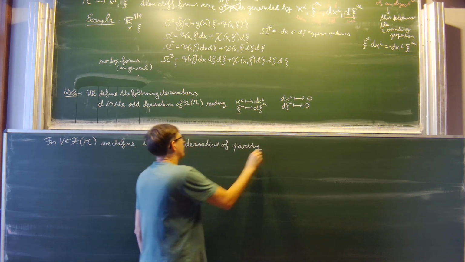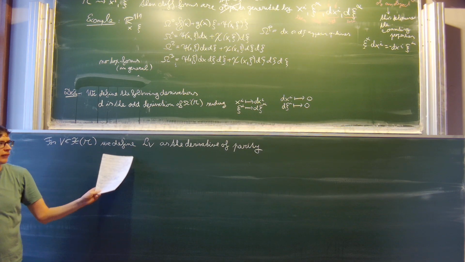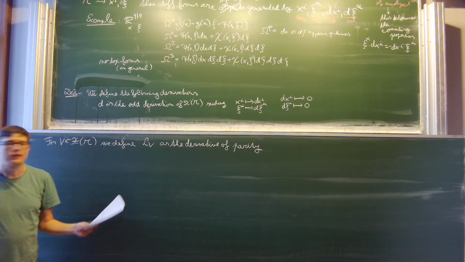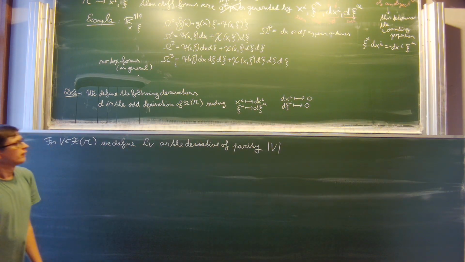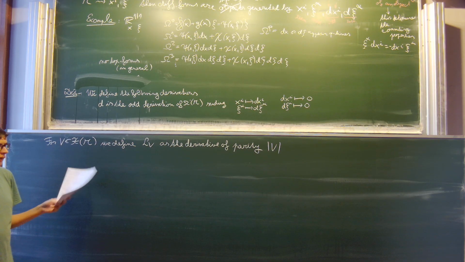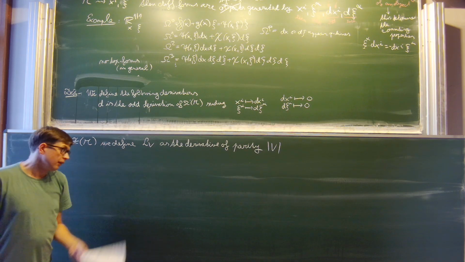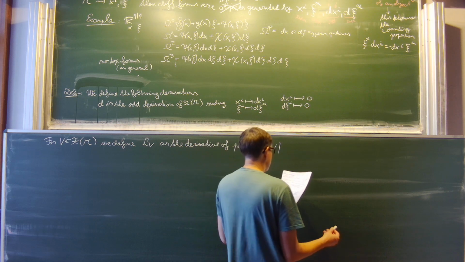Now what parity should we expect this thing to be? Is it even or is it odd? The parity of V. Yes, it has the same parity as V. In ordinary geometry, V would be an ordinary vector field, and we know that the Lie derivative doesn't change parity, so it's an even operator. Now, if V itself is odd, then it's natural to expect to set it up this way, so that it has the same parity as V.